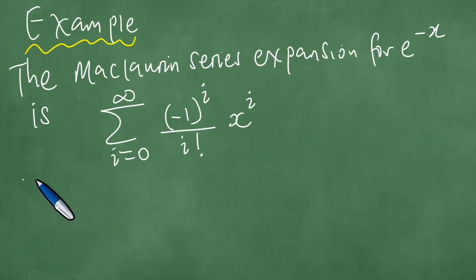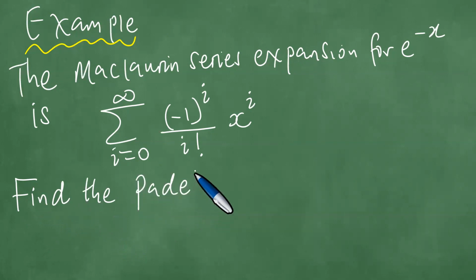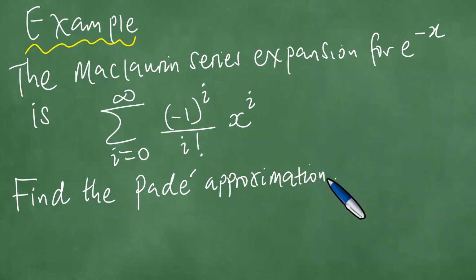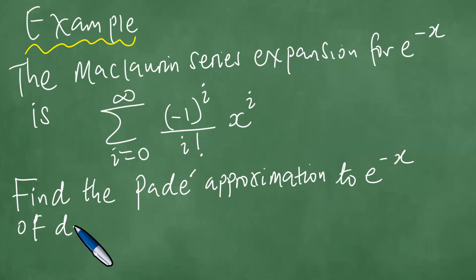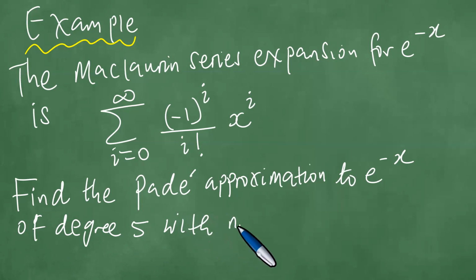And the question then becomes, you need to find the Pade approximation to e to the power minus x of degree 5, with n equals 3 and m equals 2.